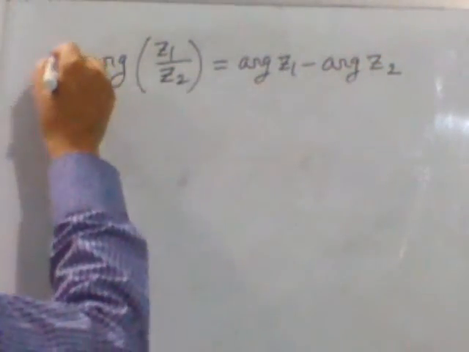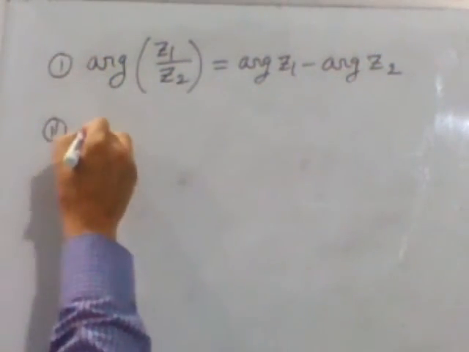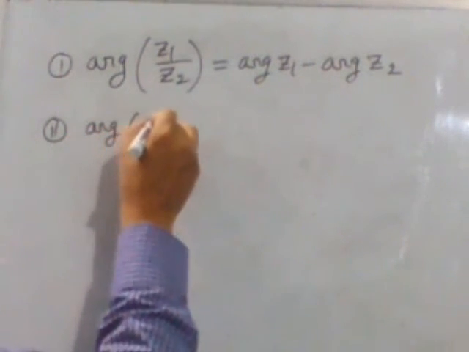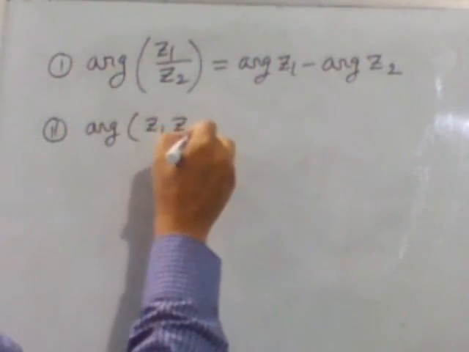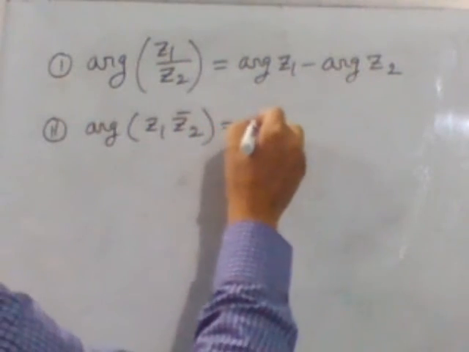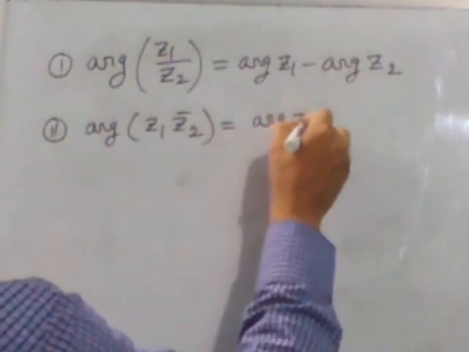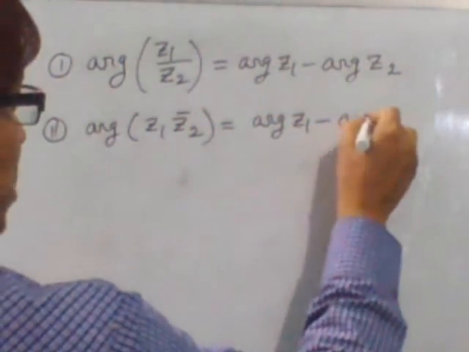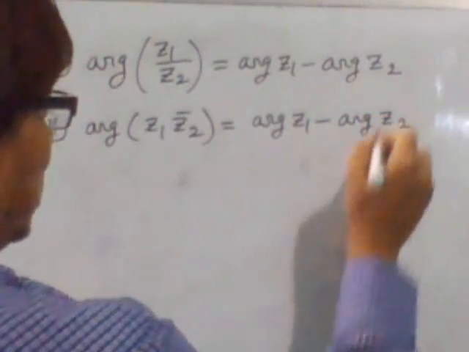Property number 2: argument of z1 z2 bar is also the same, argument z1 minus argument z2.